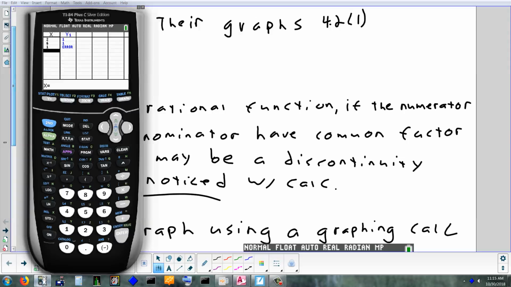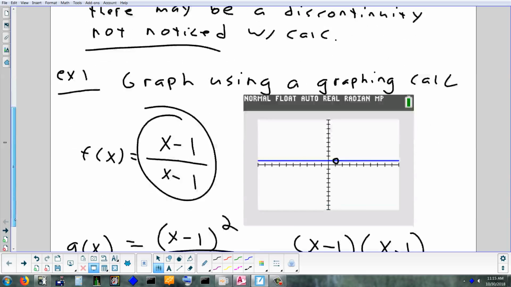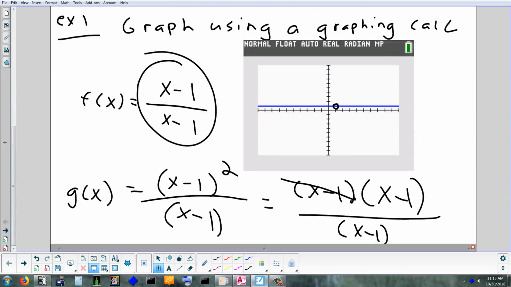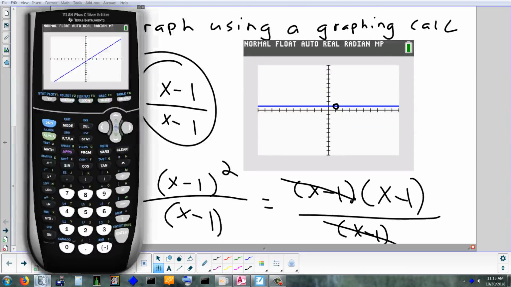So if I change it to just putting in an exponent of 2, it's basically going to look like the line y equals x minus 1. Think of it this way: one of them cancels out, and you get y equals x minus 1. Slope 1, y-intercept negative 1.